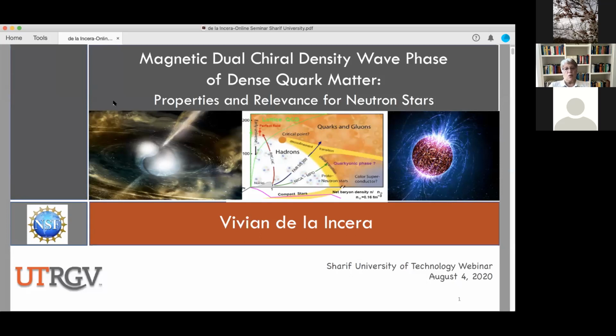We can go all the way to high temperature, but as soon as we have chemical potential, we have issues with lattice QCD. There are some improvements where they move a little bit out of the axis, but still not too far. And then we know we have nuclear physics. In the regime of nuclear physics, we know how to handle questions.